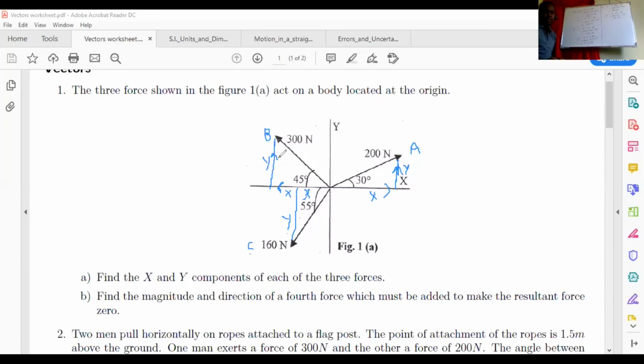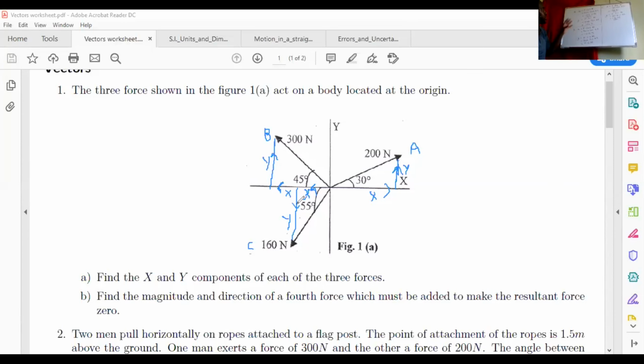Again, we put in the signs. X for this one would be negative because it's going to the left, and y would be negative because it's going down. So that's the first part of the question.